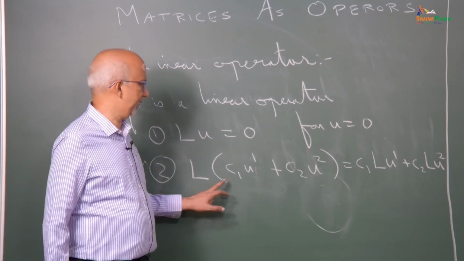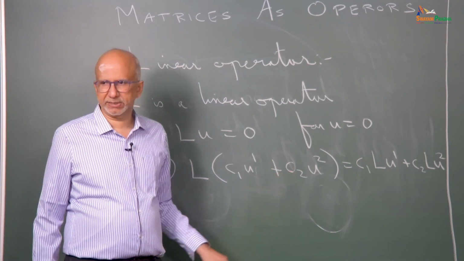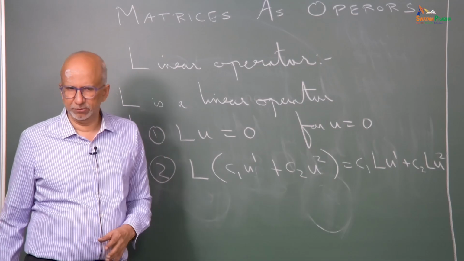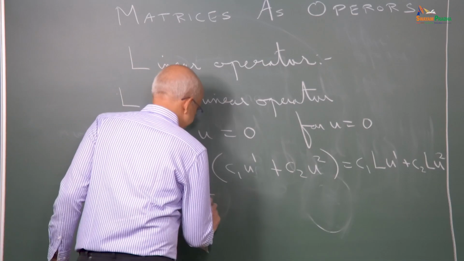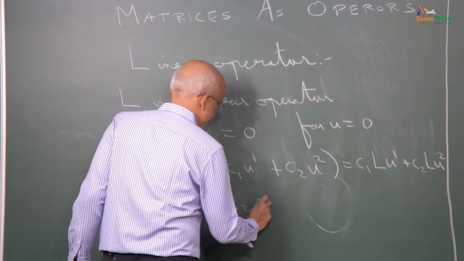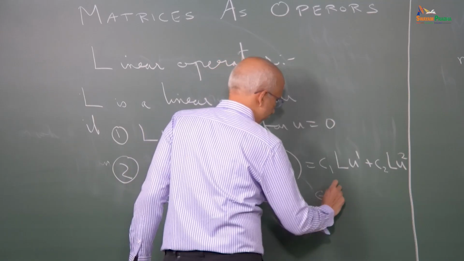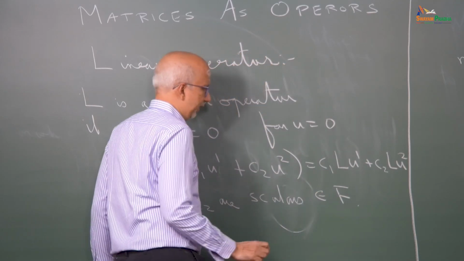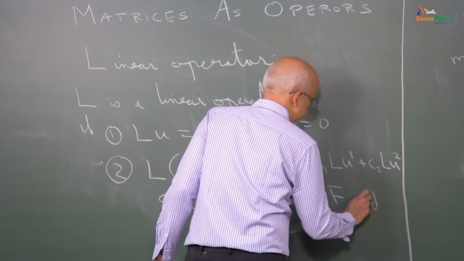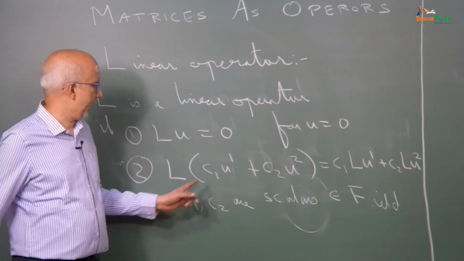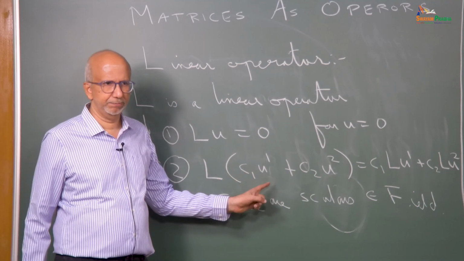And basically C1 and C2 are scalars, they belong to the field F, could be real or complex. This is like a scalar multiplication.